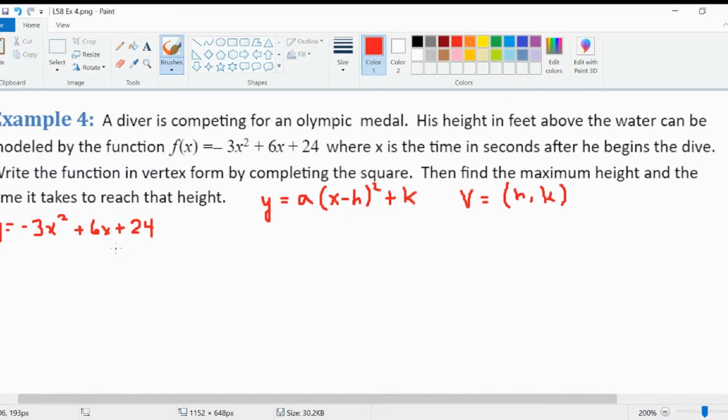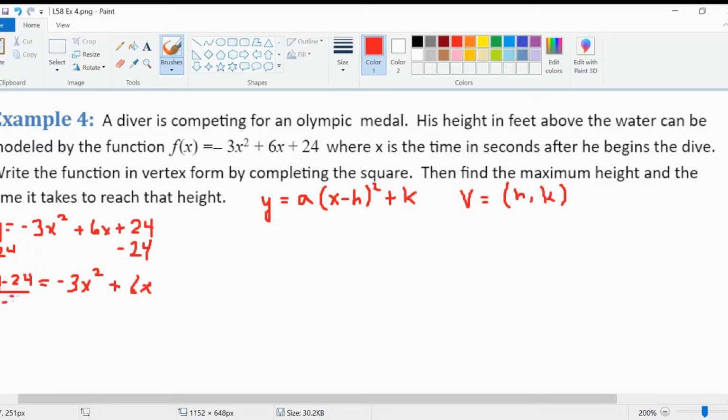So our first step from above was, let's get this constant term moved over. So we're going to have y minus 24 equals negative 3x squared plus 6x. Then step 2 said that if we don't have an a term of 1, we're going to divide out by negative 3.